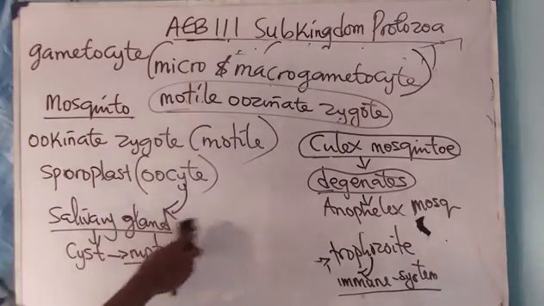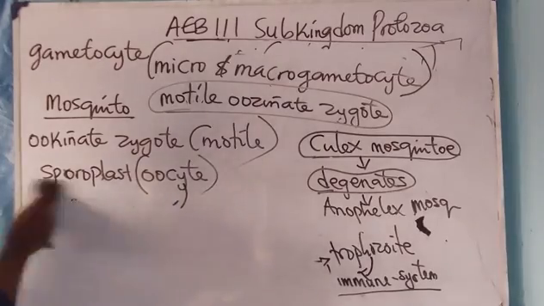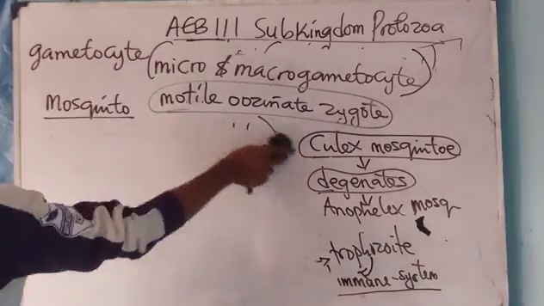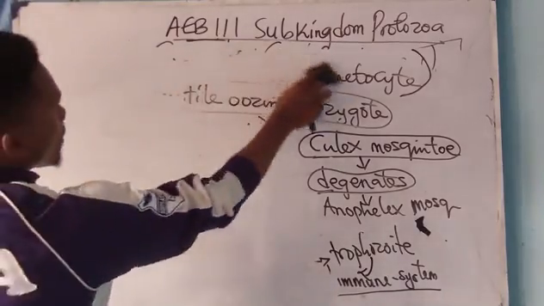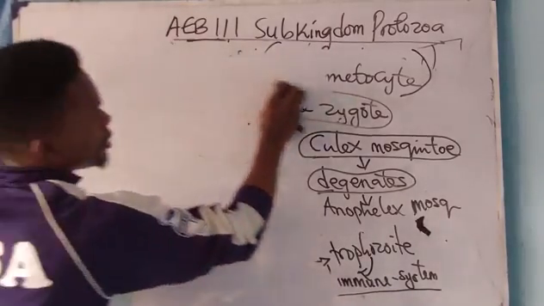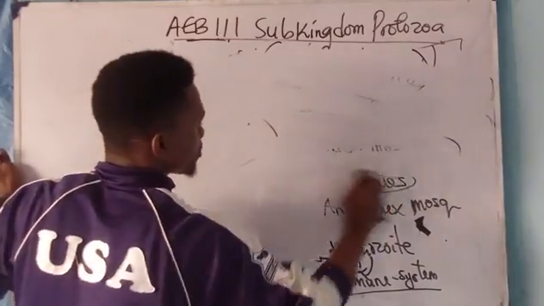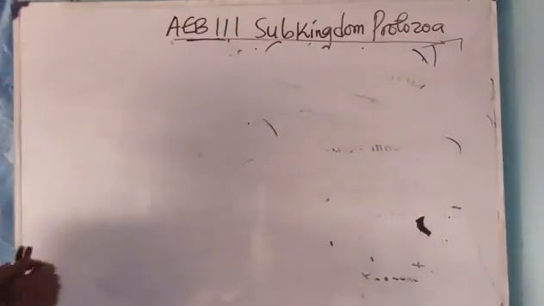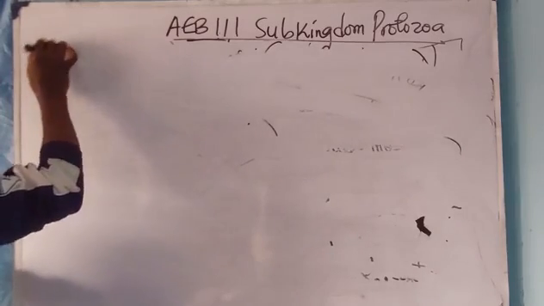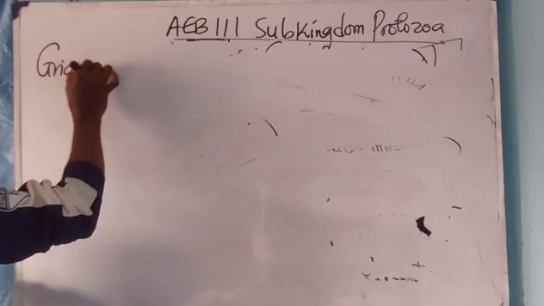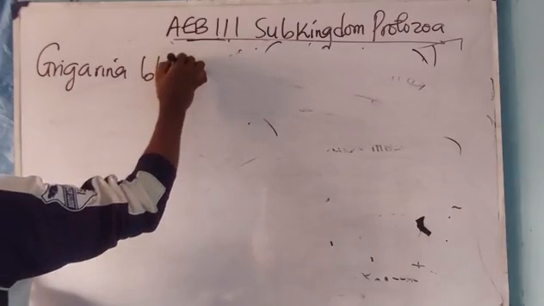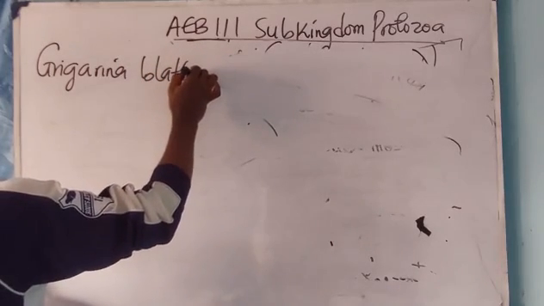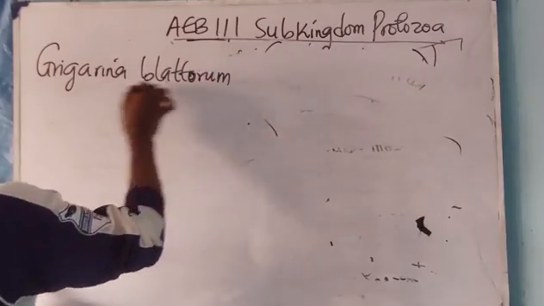So that is all about Phylum Apicomplexa. I've given you the members. The Gregarinas are good members. The Coccidians are also there. The full name of Gregarina is Gregarina blattarum.